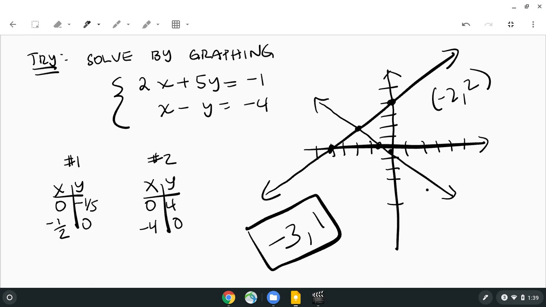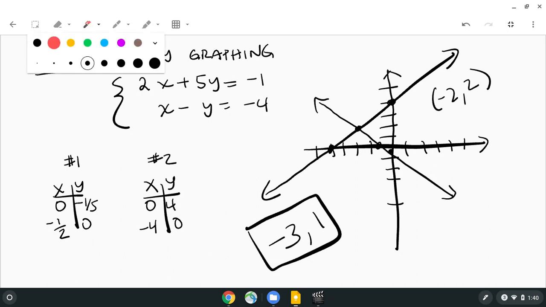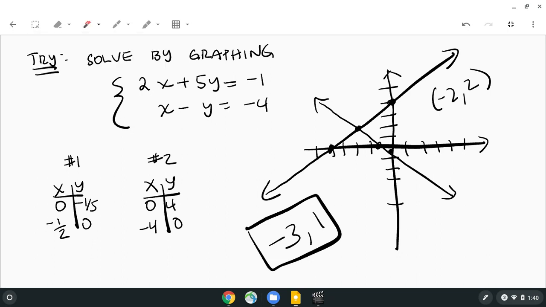So again, depending on how neat your graph is, you may or may not come up with the exact solution. You might be very close. Now, if you ended up with a point that's not even close to the actual solution, let's go ahead and plot it. It's over here. -3, 1. So there's the actual one, right?